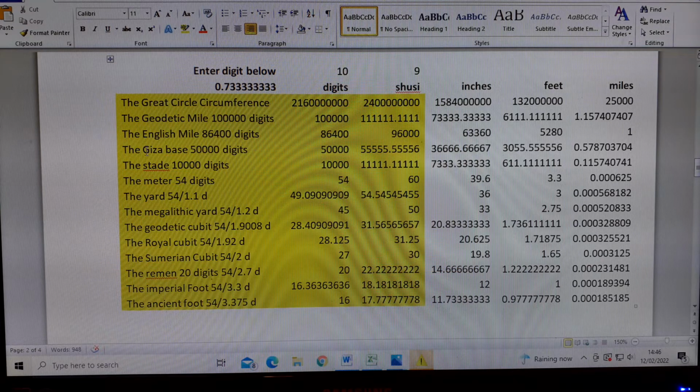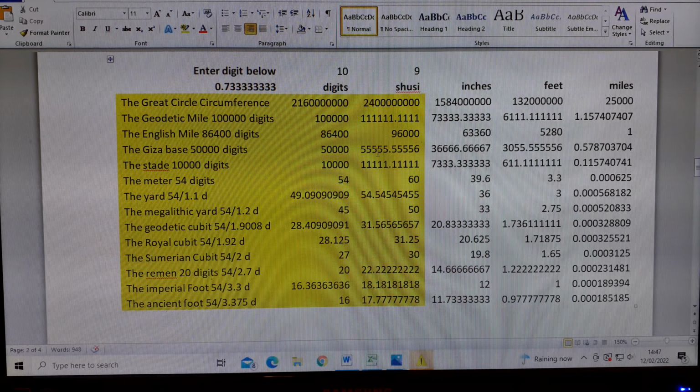And the English mile, 86400 digits, we're looking at time, obviously. The English mile can represent 1 day in time. That's 63360 inches, 5280 feet, and 1 mile when we enter the digit below.